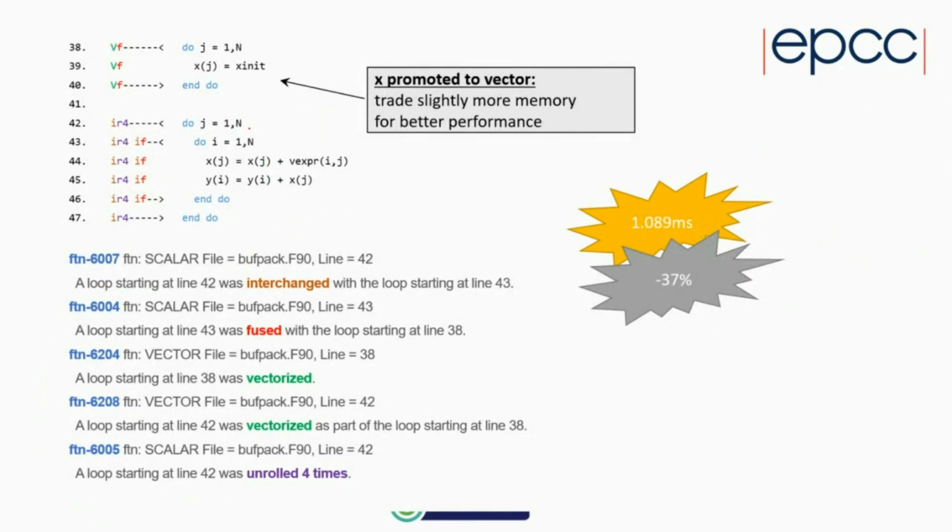If we turn this X into an array, we trade memory for better performance. The compiler then says, actually, no, I can vectorize this loop. I'm going to vectorize both these loops, and that's what it's saying here. And then it's going to interchange them and fuse them together. You can see what the compiler is doing here is some interchanging and some fusing.